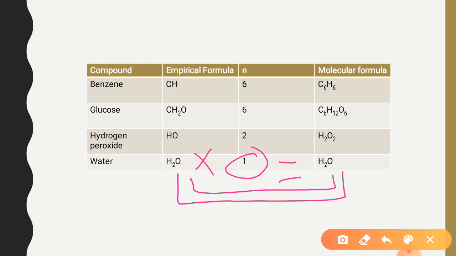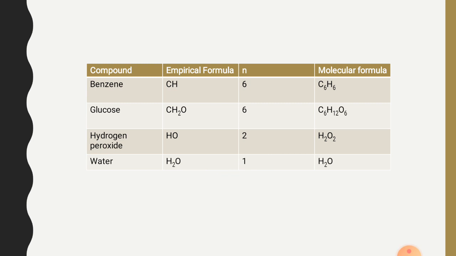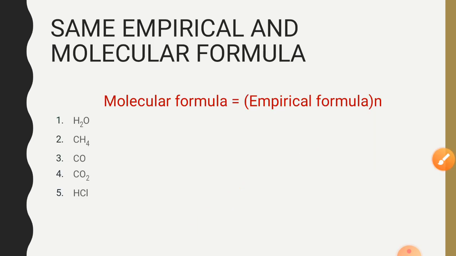Both are the same because n is equal to 1. There are compounds which have the same empirical and molecular formula, for example water, because in the case of water, n is equal to 1.